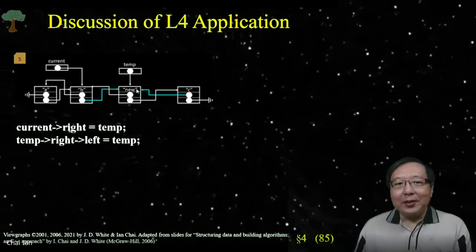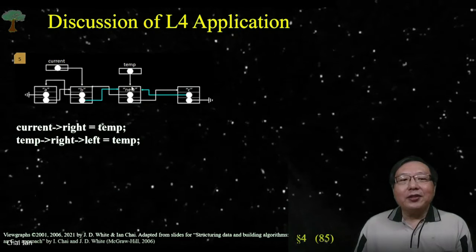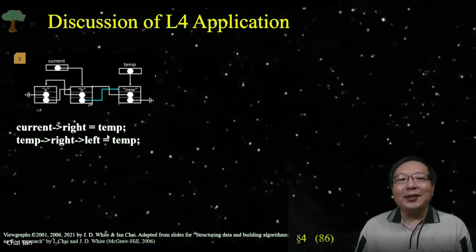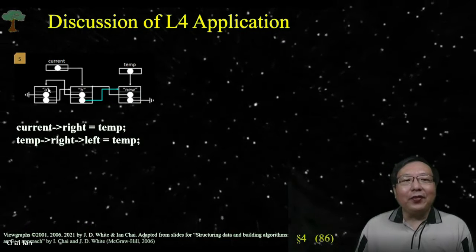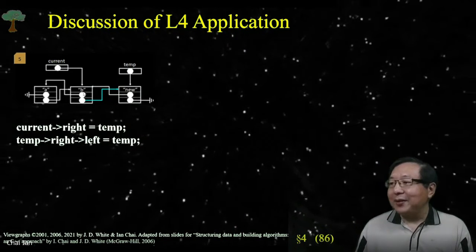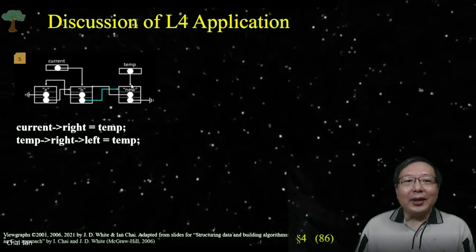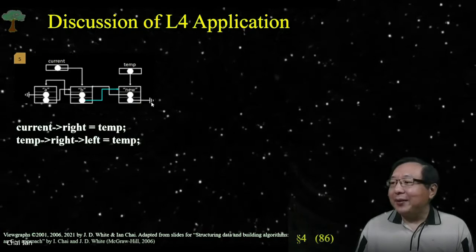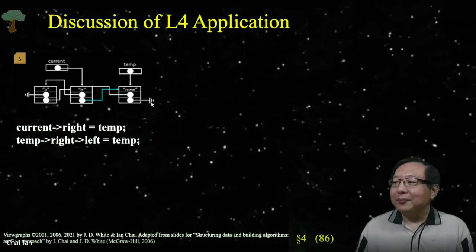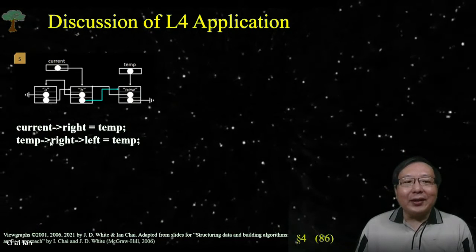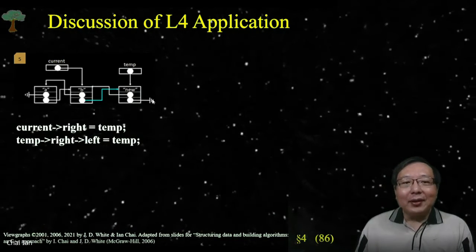Now, but the problem is, it's not always that current is not the last thing, right? Sometimes current is the last thing. If it was S, A and B, there was no C, then current is the last thing, right? So then temp arrow right would be pointing at null. So if I go temp arrow right, I'll be at null.